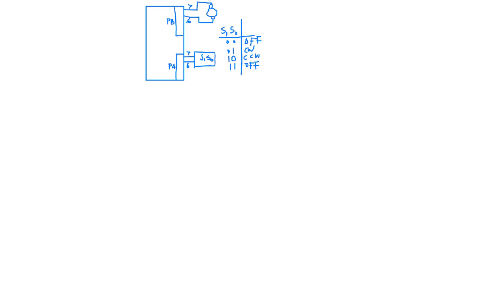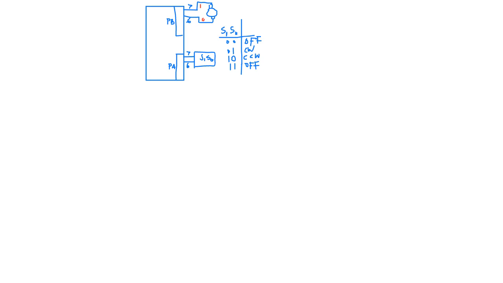Look here. So now you know that we can make the motor off if we give both terminals of the armature the same voltage, either 0 0 or 1 1. And clockwise, if for example this one is 1 and this one is 0, the motor moves clockwise.